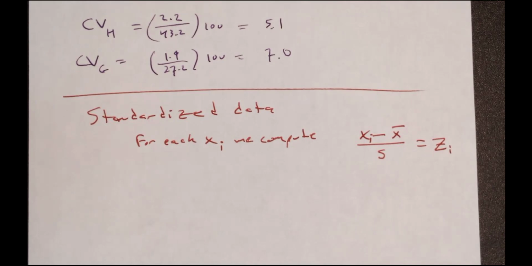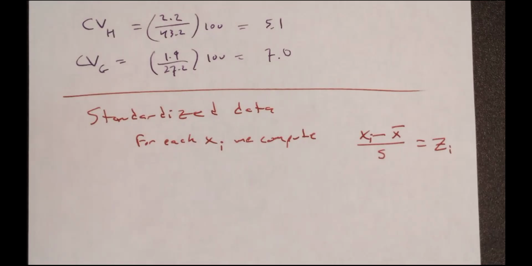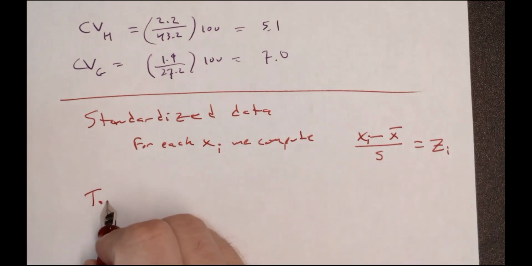My standard deviation tells me how far away from the average I am. So what I've done here is I've said, oh, take the number you're looking at, subtract off the average, and divide by the standard deviation. And let's use that as a measure of how far away from the middle we were. Let's grab our data again from the quizzes. Let me go back to our data for Tom.